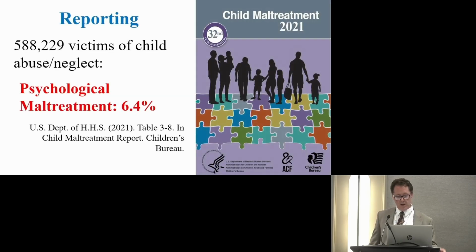Now, looking at the annual child maltreatment reports published by the U.S. Department of Health and Human Services, they are reporting that psychological maltreatment, which includes parental alienation, is only 6.4% of all cases of substantiated child abuse.